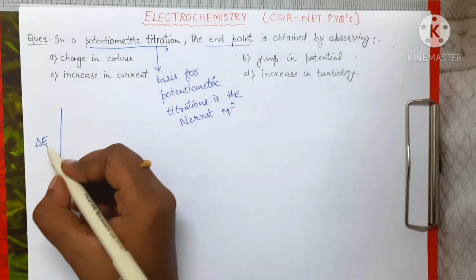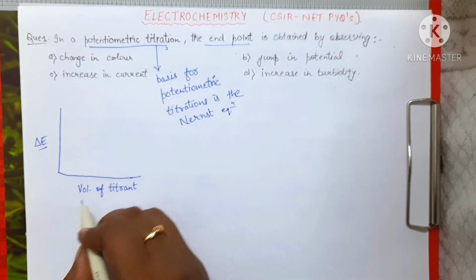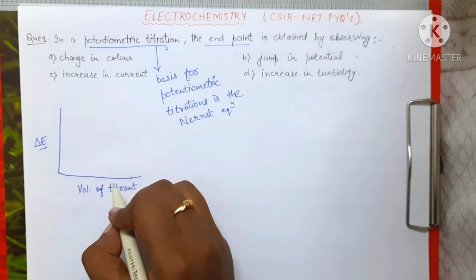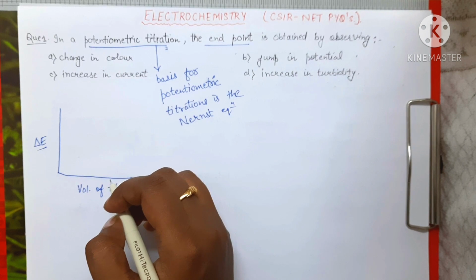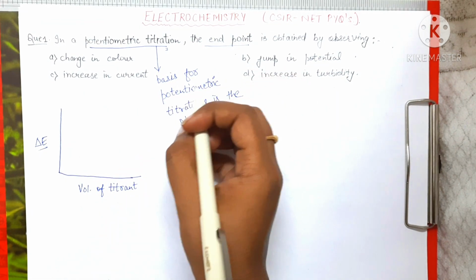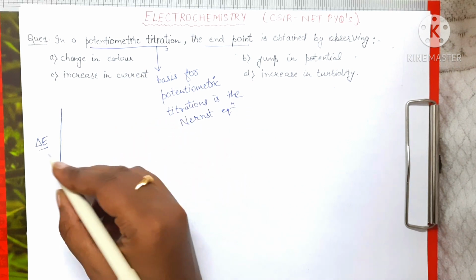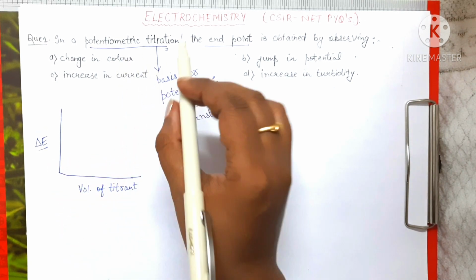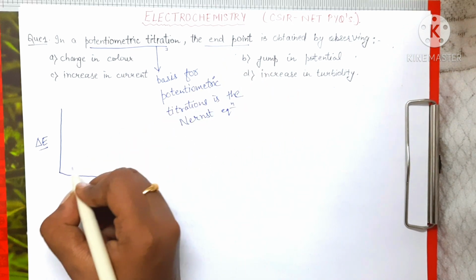Where we take del E on the y-axis and volume of titrant on the x-axis. Here E is the EMF of the cell, of the reaction. Now whenever we plot a graph in case of potentiometric titration, we get a graph like this.